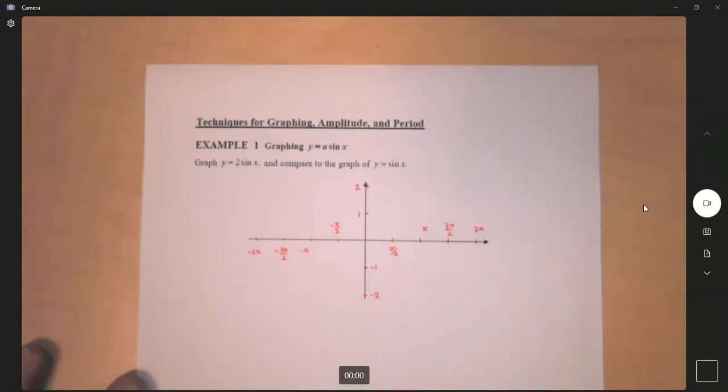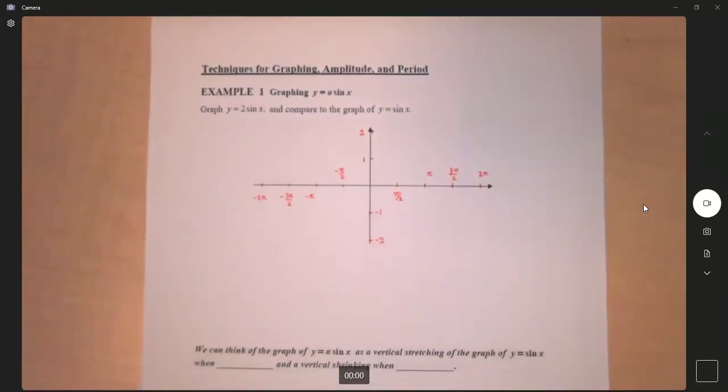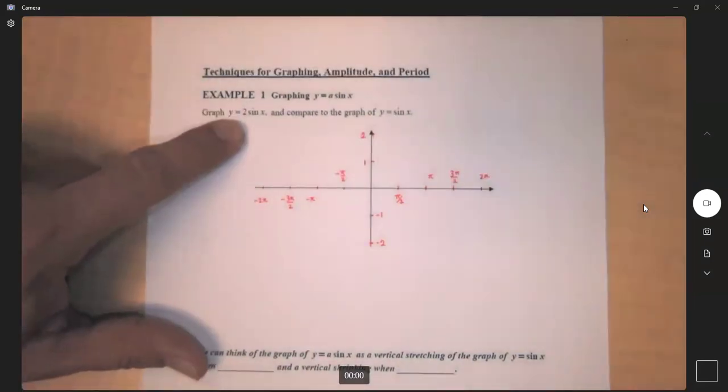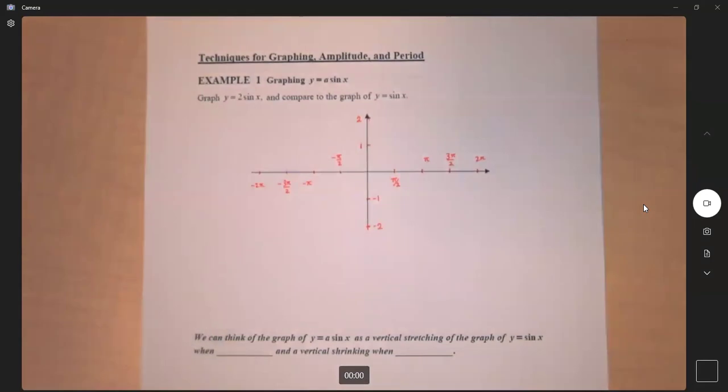All right, let's attempt now to graph this function where there's an amplitude involved. The amplitude is a number in front of the value of the sine. So graph y equals 2 sine x and compare to the graph of y equals sine x.